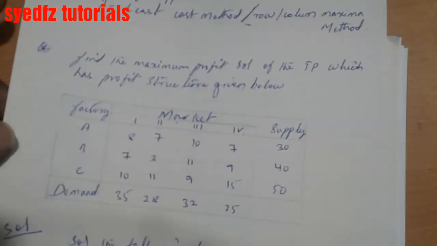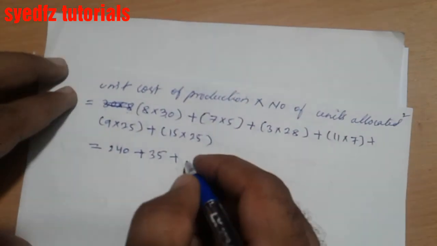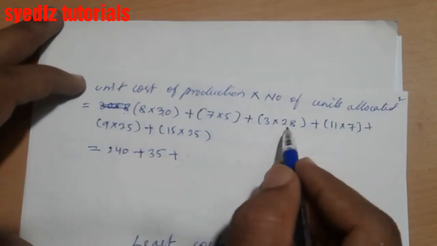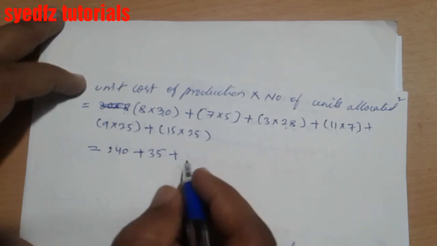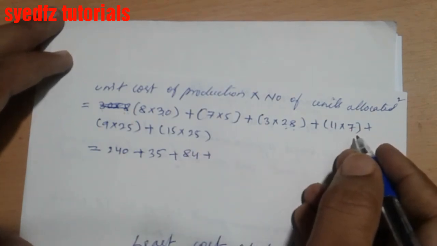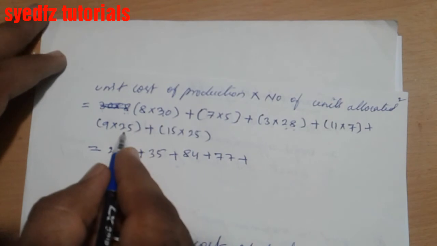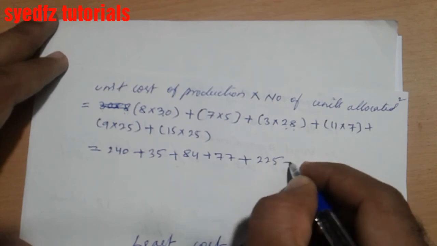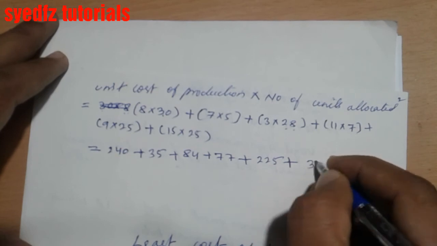Okay, this is 3. 3 into 28 is 84, plus 11 into 7, 77, plus 25 into 9, 225, plus 25 into 15, 375.